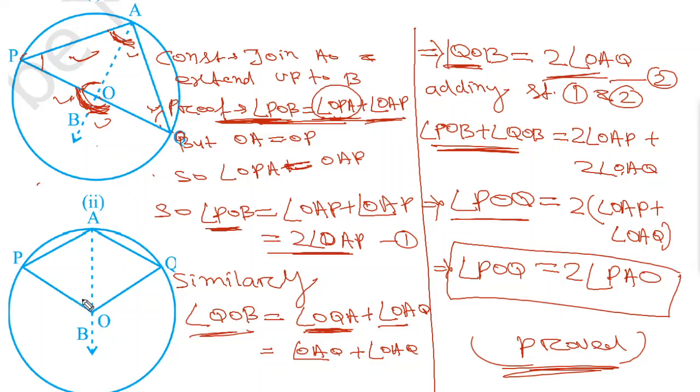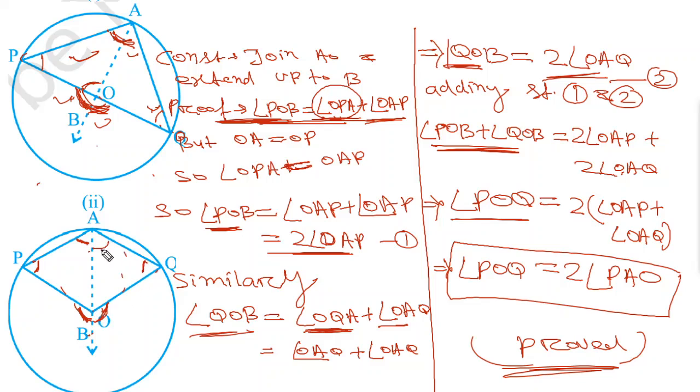Okay, then here also you can see this angle POB is equal to, here the exterior angle, opposite exterior angles are this angle and this angle. Okay, here also same, angle QOB or BOQ, you can say, is equal to sum of these two angles QAO or OAQ, you can say, plus angle OQA.